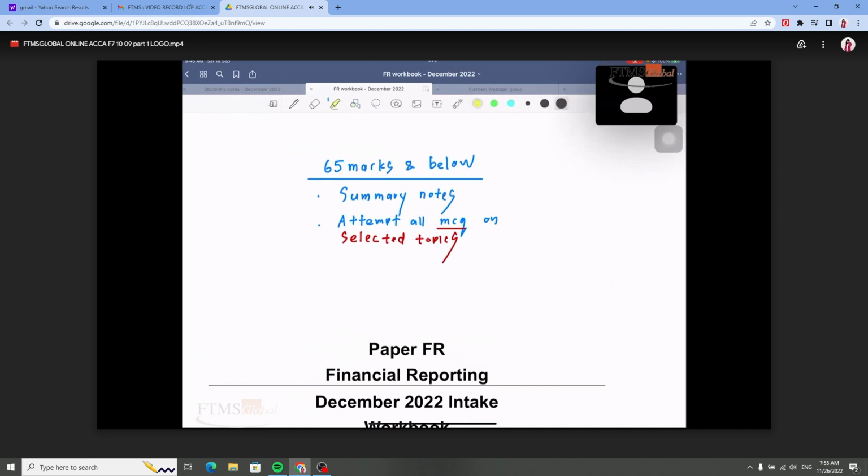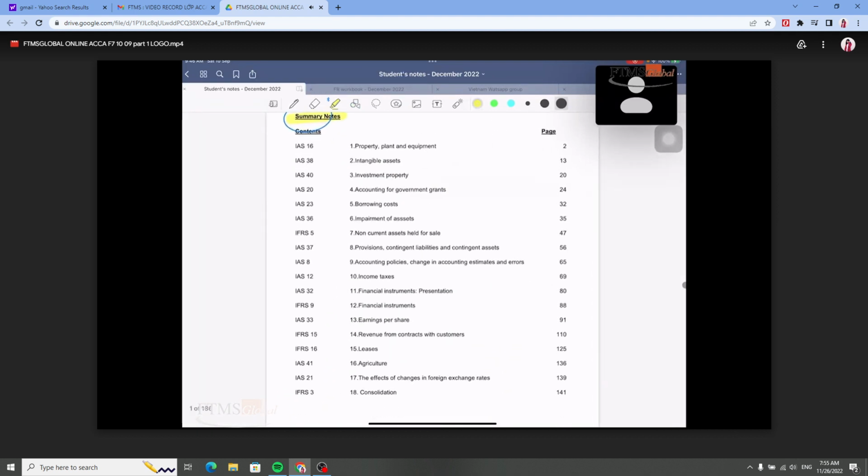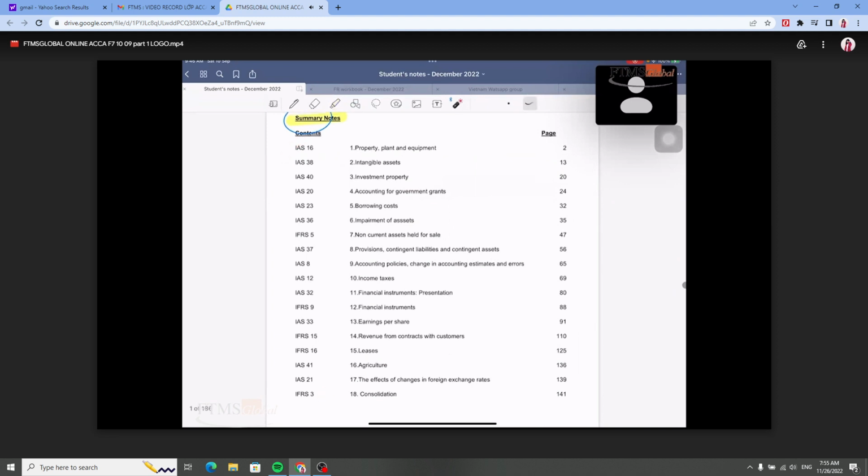Of course, the next question is what are the selected topics? Selected topics are what you see on the notes. All these, IAS 16 all the way until IFRS 3, are called selected topics. This whole chunk here.